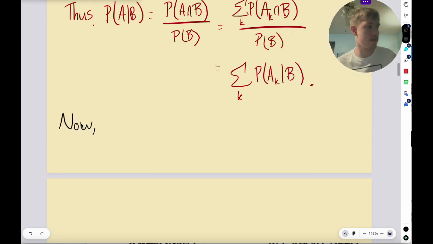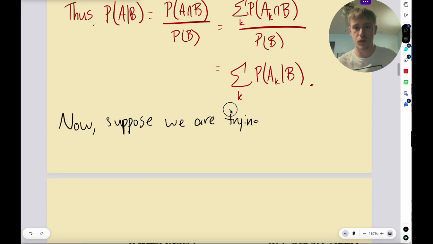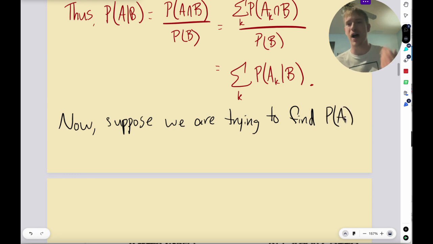Now, suppose we are trying to find some probability of A, and we aren't really given the number of ways A can occur over the number of total outcomes, because like I mentioned last chapter, those can be incredibly difficult to find or calculate.